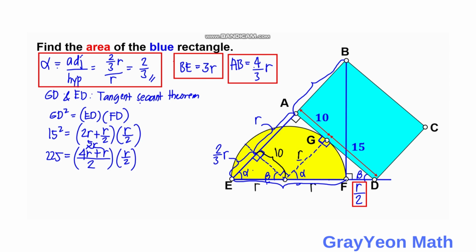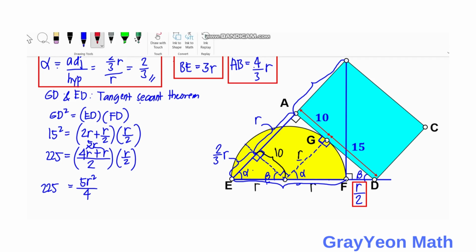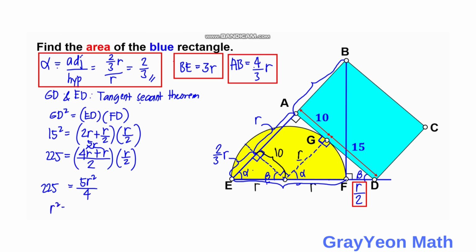So 5R times R is 5R squared over 4, and it is equal to 225. Next, we cross multiply. So R squared is equal to 225 times 4 all over 5.